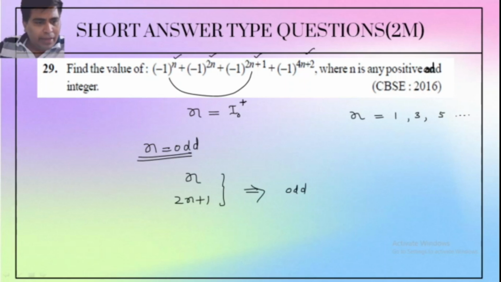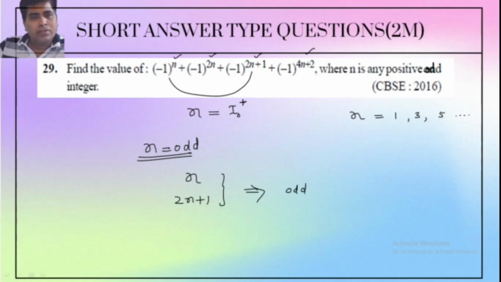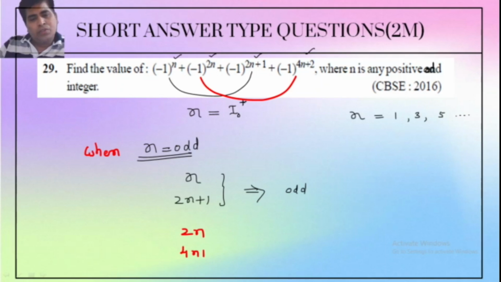What about the remaining powers, of this term and this term? When n is odd, 2n and 4n plus 2 are always even numbers.